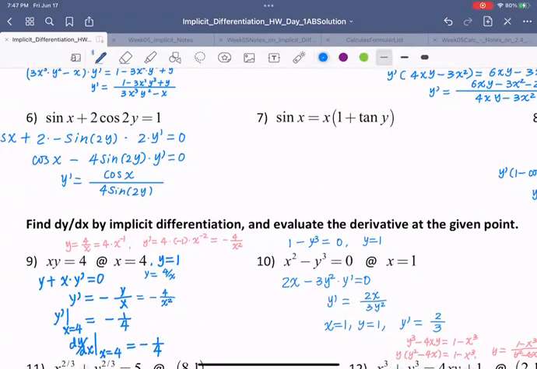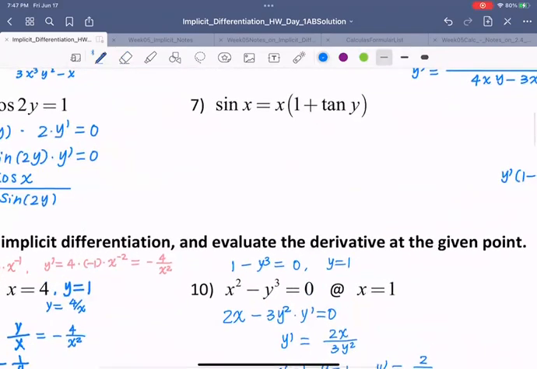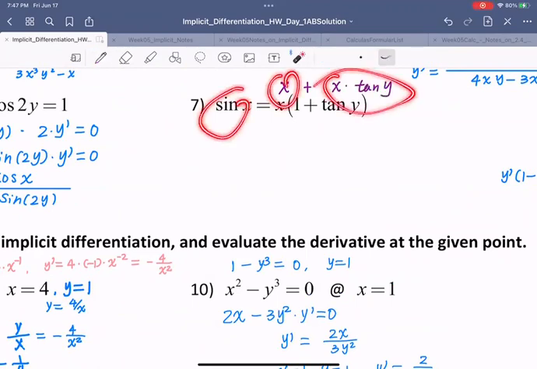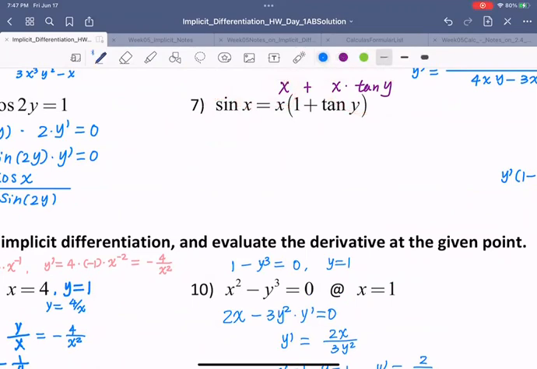Christina, let's try number 7. First, I will rewrite this as this. Now let's do the derivative for each of them. Go ahead. Okay. The derivative of sine x is cosine x, and that equals 1 plus the derivative of x, which is 1 times tangent y.